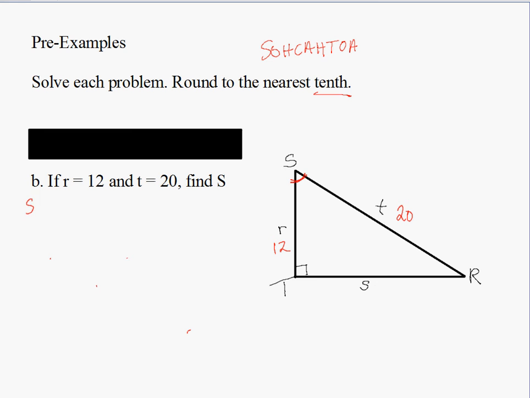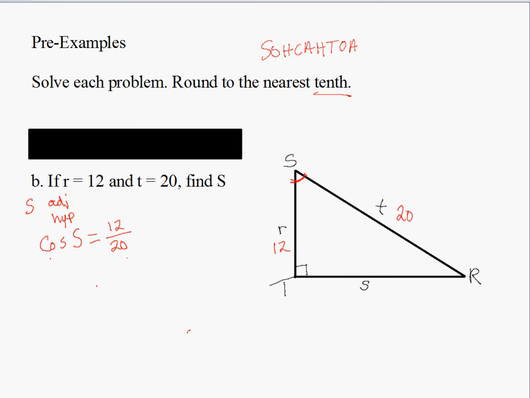So we know angle S, we know adjacent, and we know hypotenuse. Looking at SOHCAHTOA, adjacent and hypotenuse, so we're talking about cosine. So this is going to be cosine of S. Remember, we're finding big S, so that's an angle, is equal to the adjacent, which is 12, divided by 20, which is the hypotenuse.